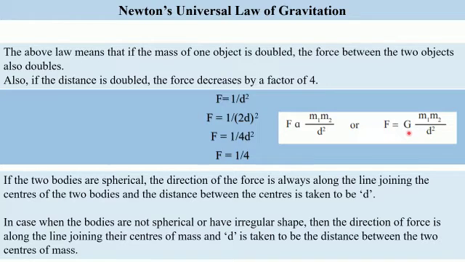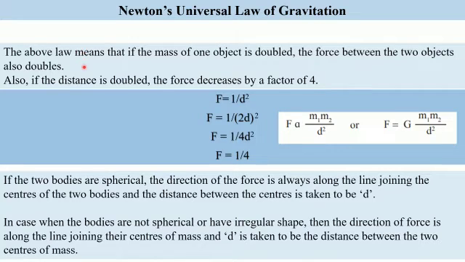And we had introduced a constant of proportionality, capital G, which is called the universal gravitational constant.